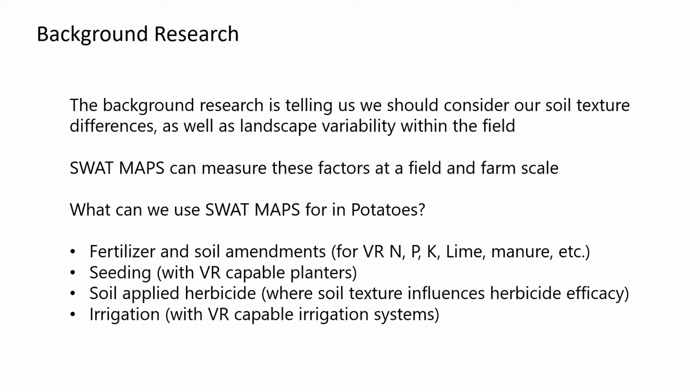Variable rate seeding, which I'll discuss. Things like variable rate soil applied herbicide, where maybe there's large soil texture differences in the field, and that will influence the efficacy of herbicide applications. And also things like variable rate irrigation, if we have capable irrigation systems that can do that.